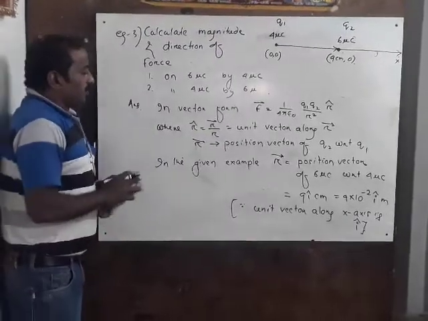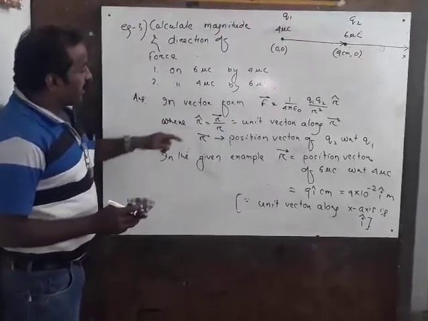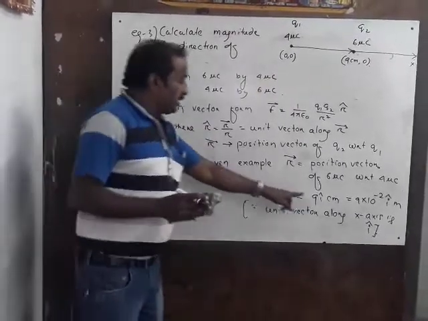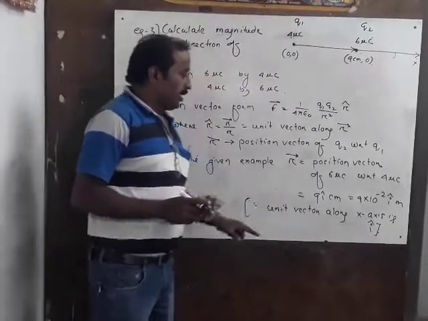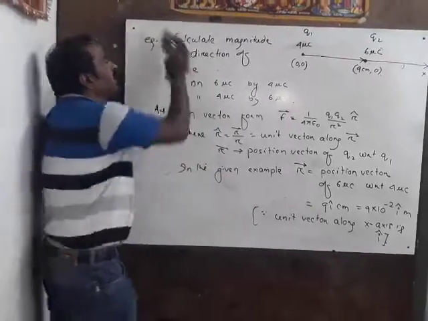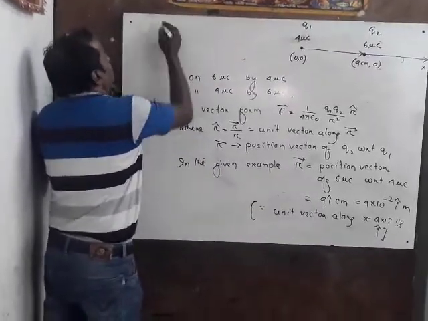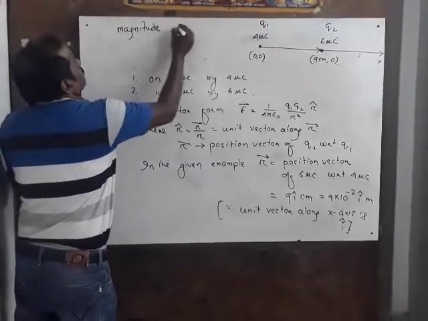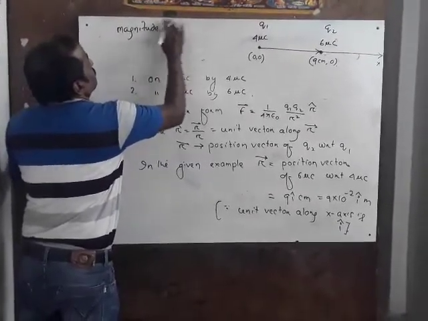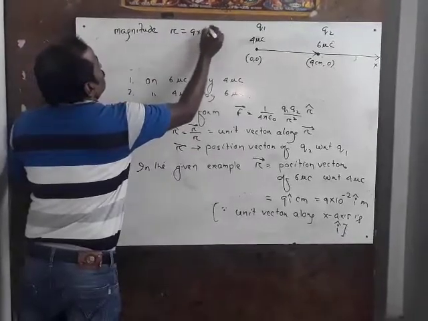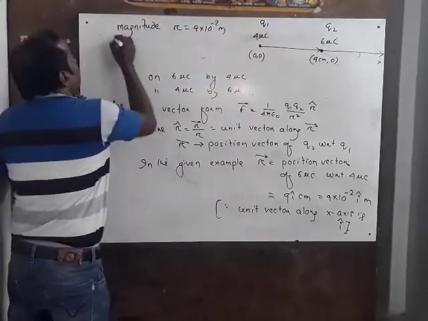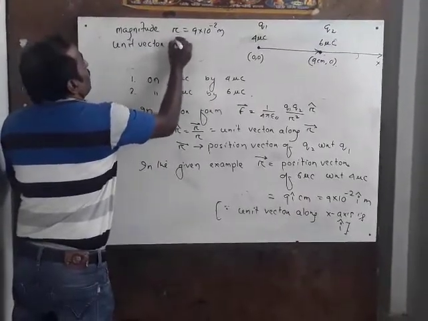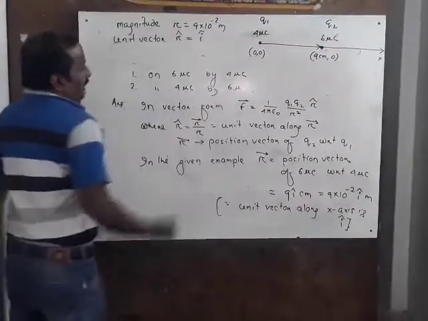Okay, so now let's use the formula. So R cap is equal to R vector by R, and magnitude obviously R is equal to 9 into 10 to the minus 2 meter, and unit vector R cap is equal to obviously i.